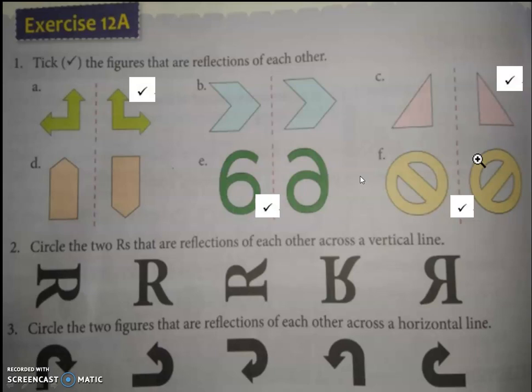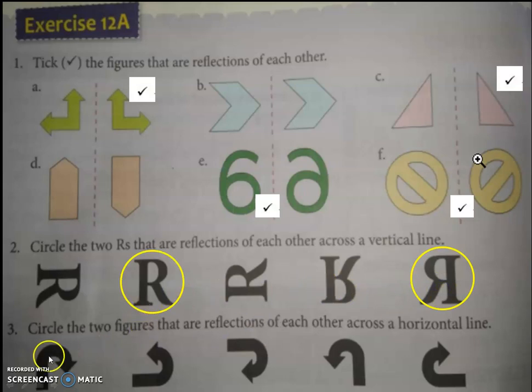Now in the second exercise, they are asking for two R's which reflect along the vertical line. The vertical line this way. So this will not come. This and this will not come because they are in some other way. So I feel this one and this one. Yes, correct.